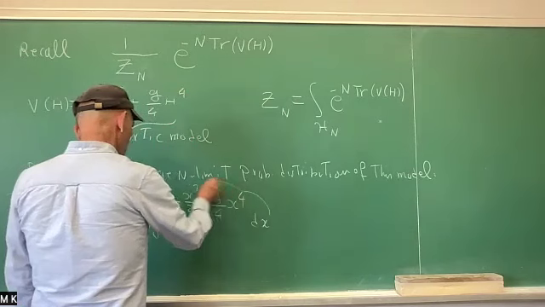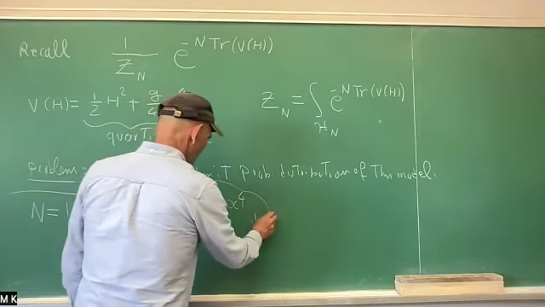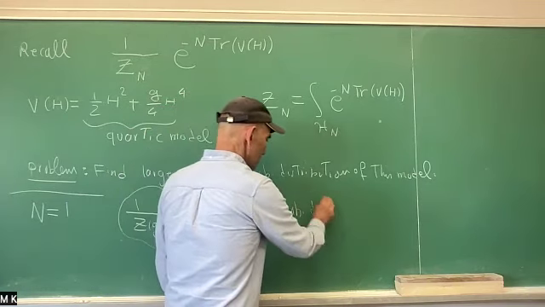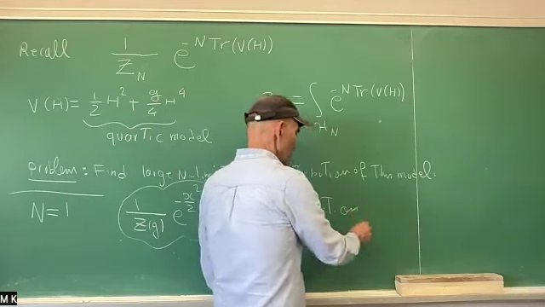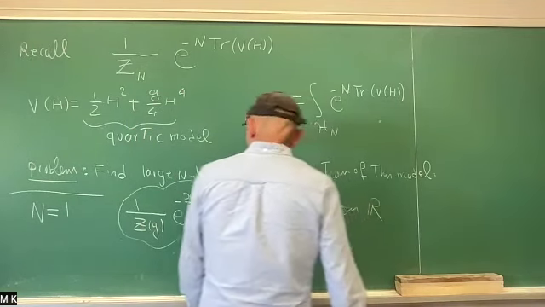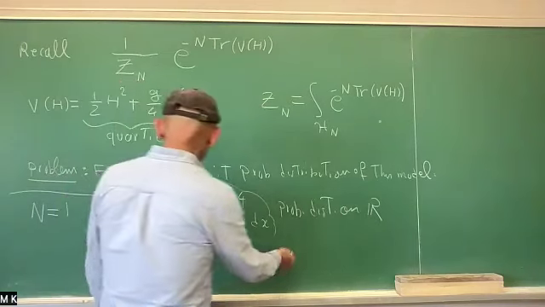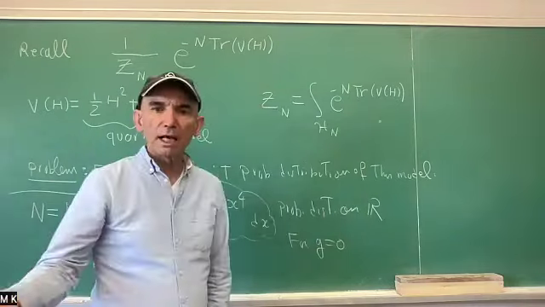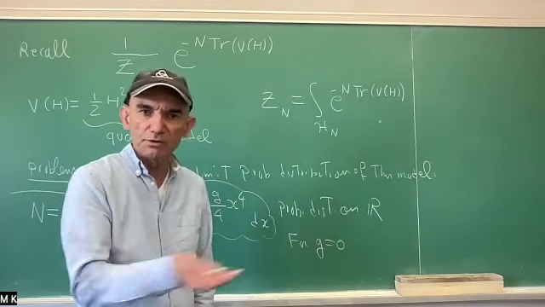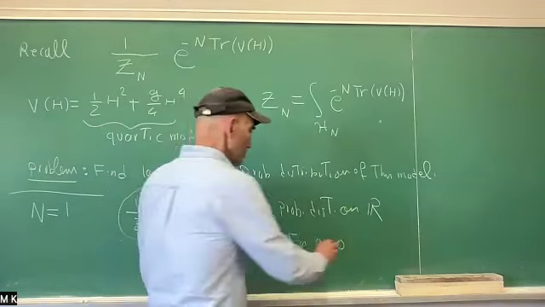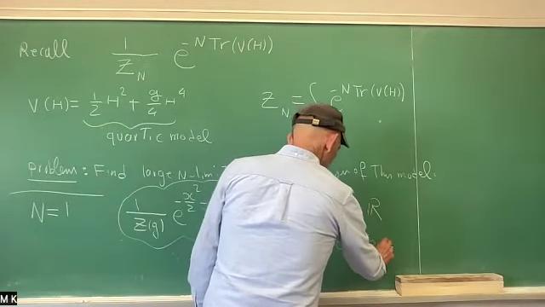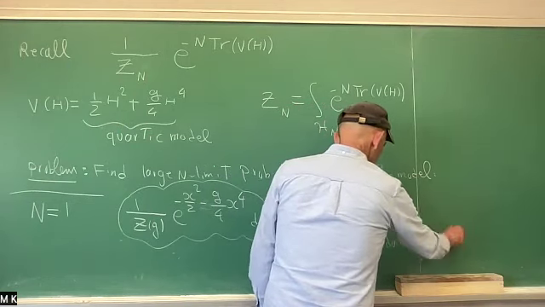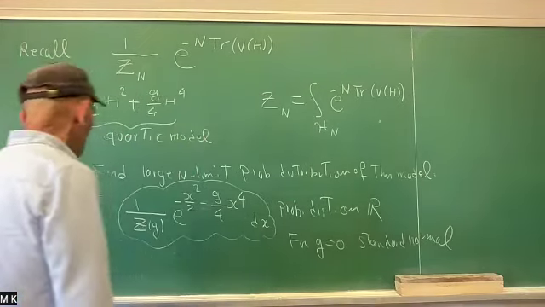So this is a probability distribution on the line, on R. Of course, for G equal to 0, this reduces to a standard normal distribution. That's for G equal to 0.